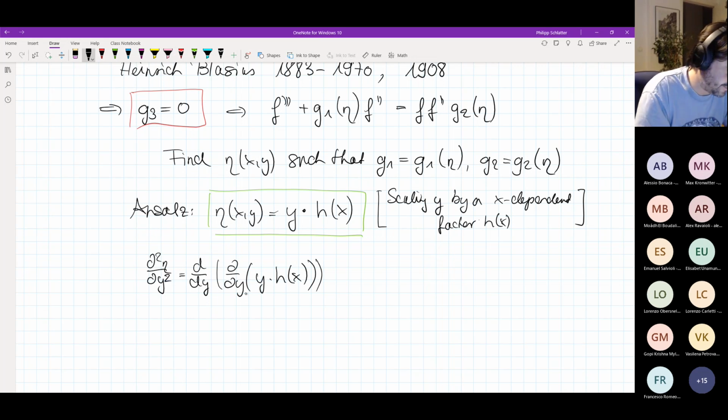And h of x obviously is not dependent on y, so I can take that out. Then the first derivative with respect to y is 1, and then I take another one, then it becomes 0. So actually this becomes 0, meaning, and that's of course a nice result, G1 is also 0.